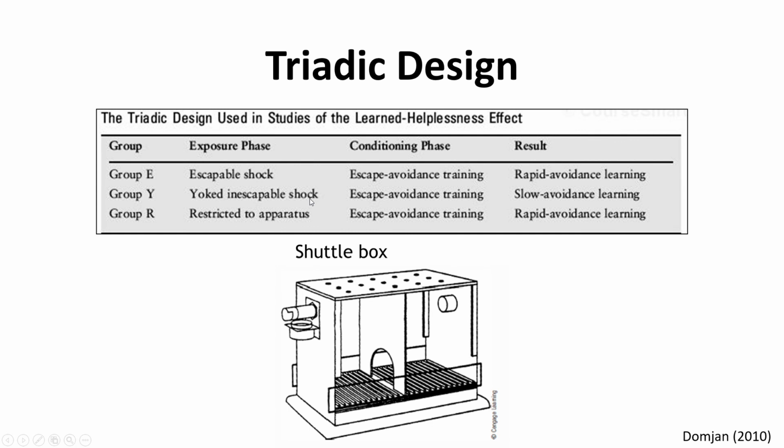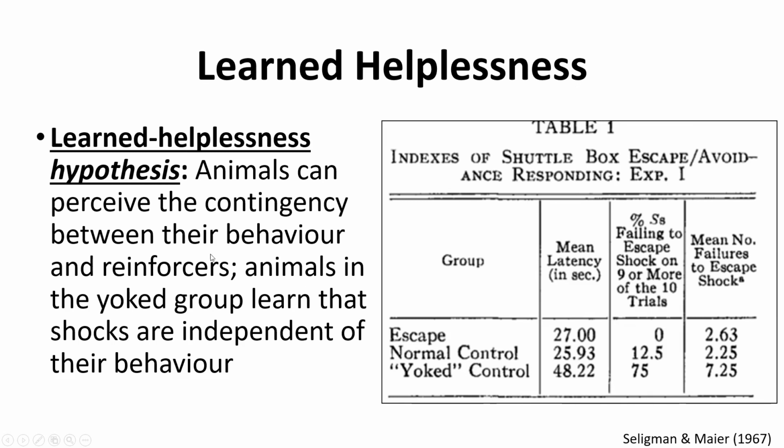But where it gets really interesting is that our yoked group that was originally trained with an inescapable shock ends up showing very slow avoidance learning. They learned early on that this shock is something that's going to happen no matter what I do, so they stop trying to avoid it. They don't learn that that light signals the shock is coming and don't think to move to the other side of the apparatus.